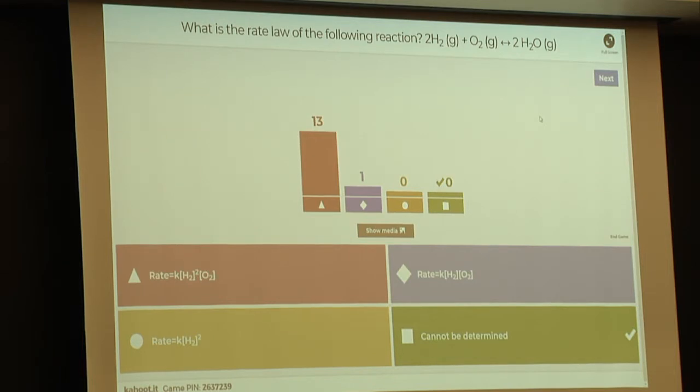Okay, so you cannot determine the rate law without doing an experiment or without the reaction mechanisms. So you cannot look at this problem and just give me the rate law. You can find me the K, the equilibrium expression from this, but you cannot find the rate law. The rate law has got to be determined experimentally. All right, next.